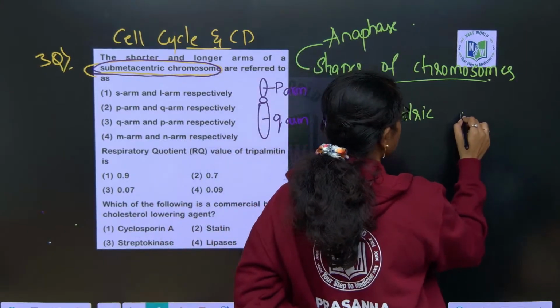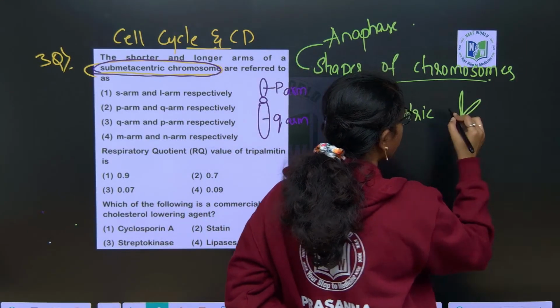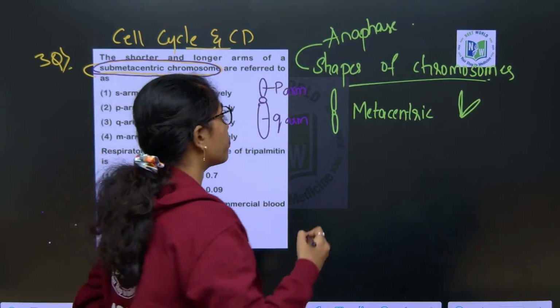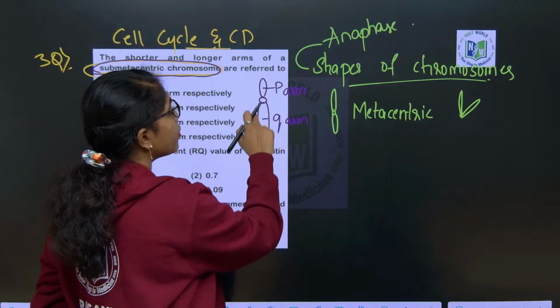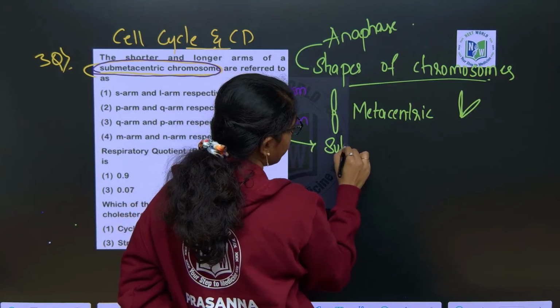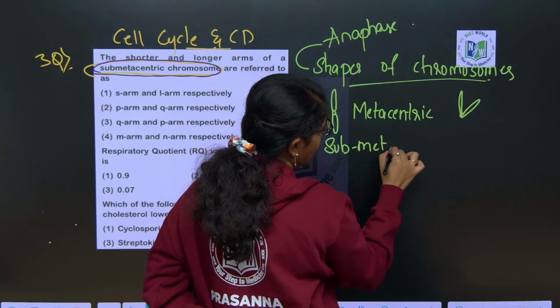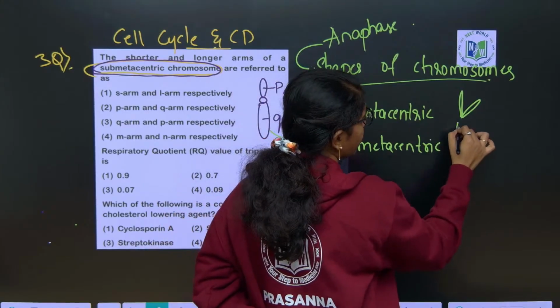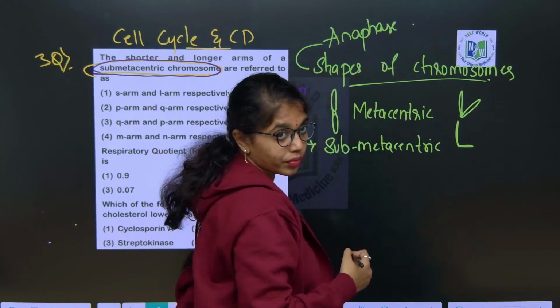This is a V-shaped chromosome. If you have one short arm and one long arm, this is called a submetacentric chromosome. This is an L-shaped chromosome.